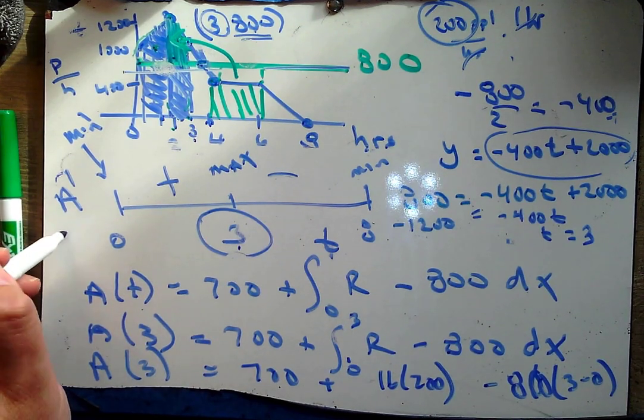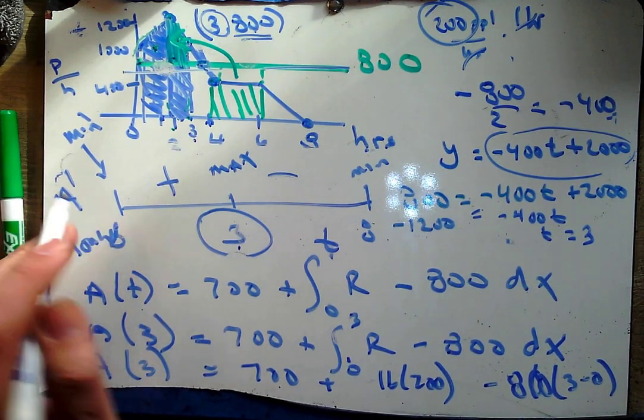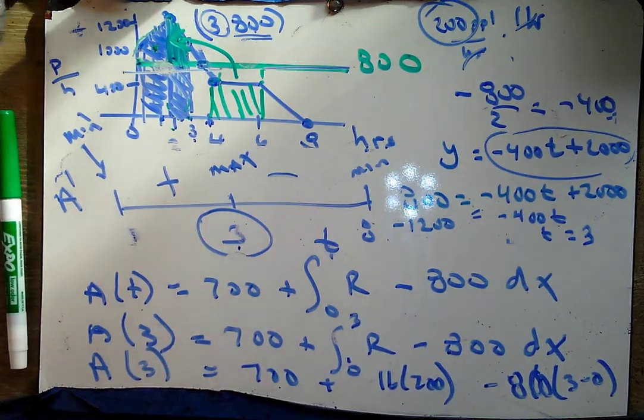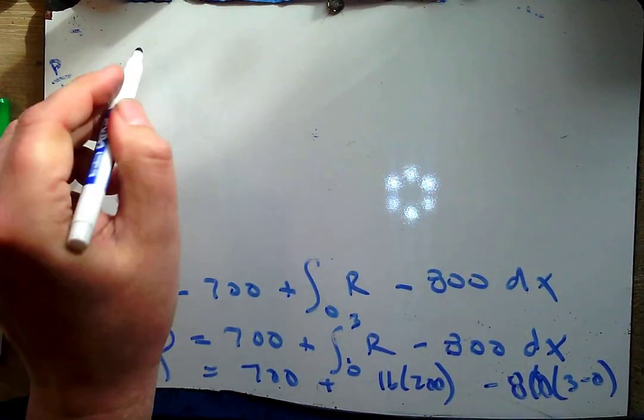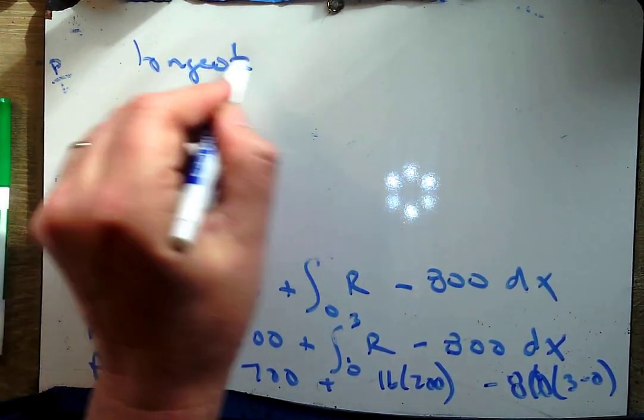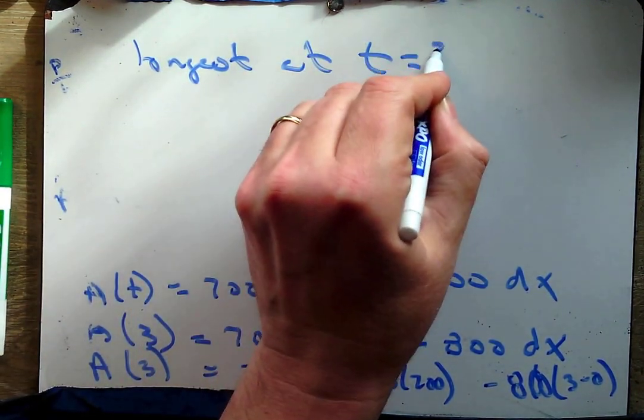So the line is longest, and I have to write the justification for this, so I better erase some stuff. Okay, the line is longest at t equals 3.